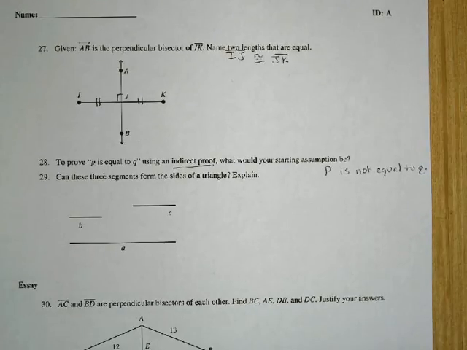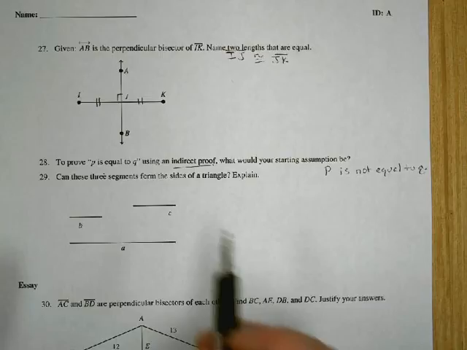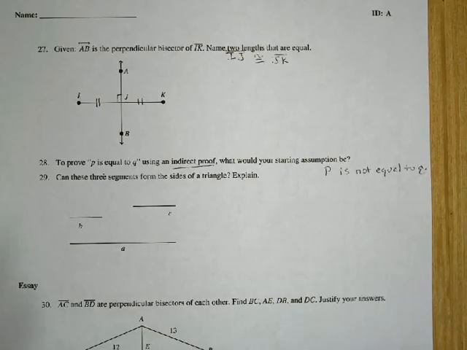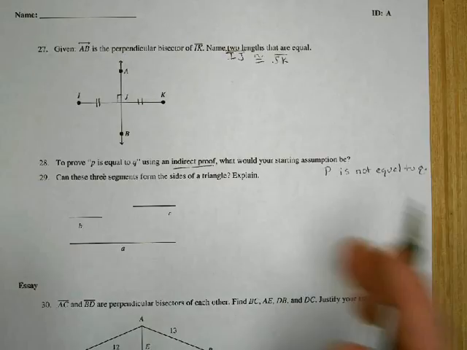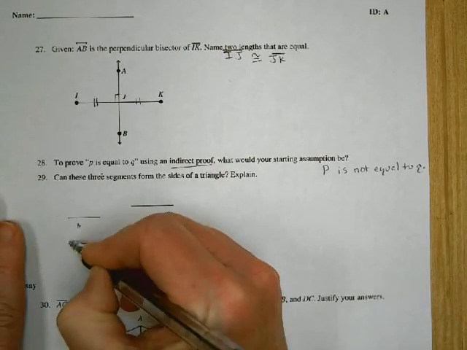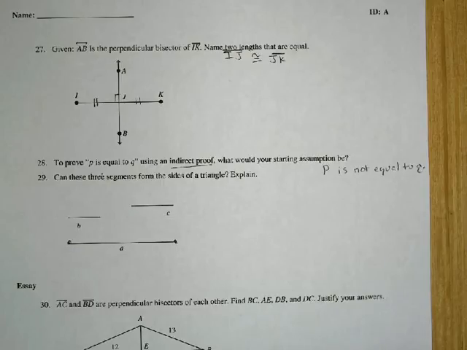29, can these three segments form the sides of a triangle? Well, the way they have them arranged, even though you don't know their lengths, you should be able to tell that B and C together are not as long as A. If you tried to close the triangle, you would have a gap in the middle.